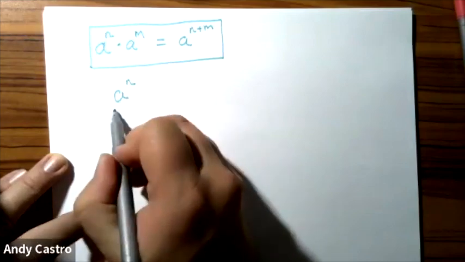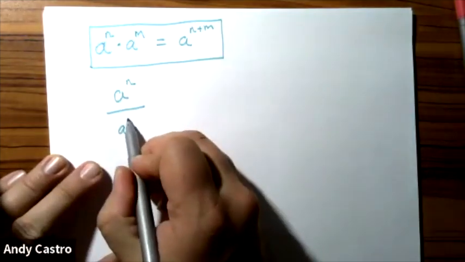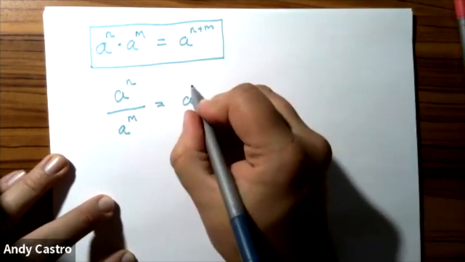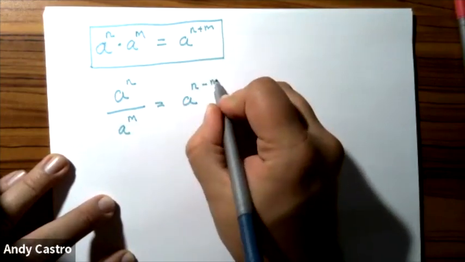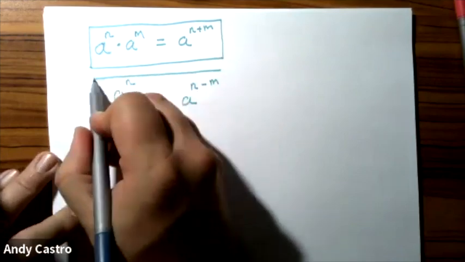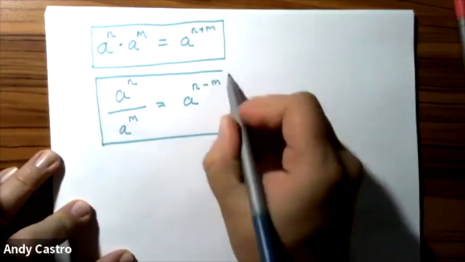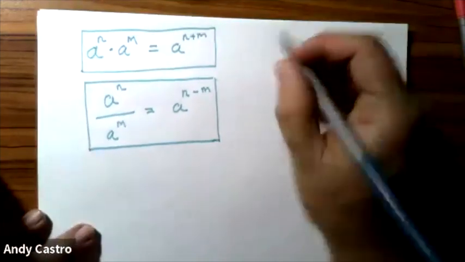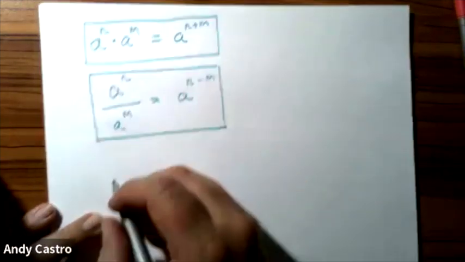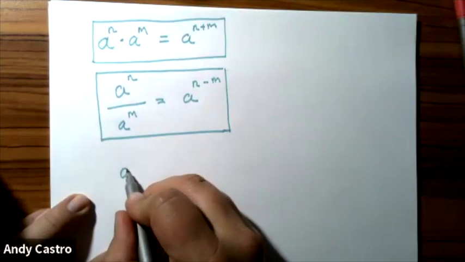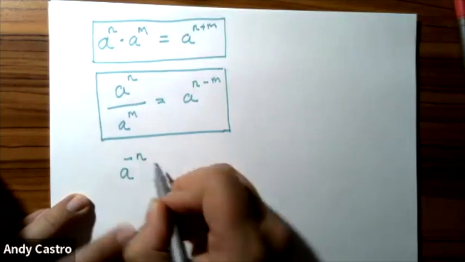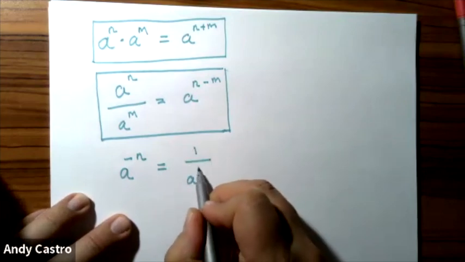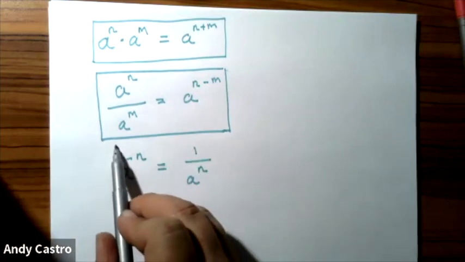A to the n over a to the mth is equal to a to the n minus m. A to the negative n is equal to 1 over a to the positive n.